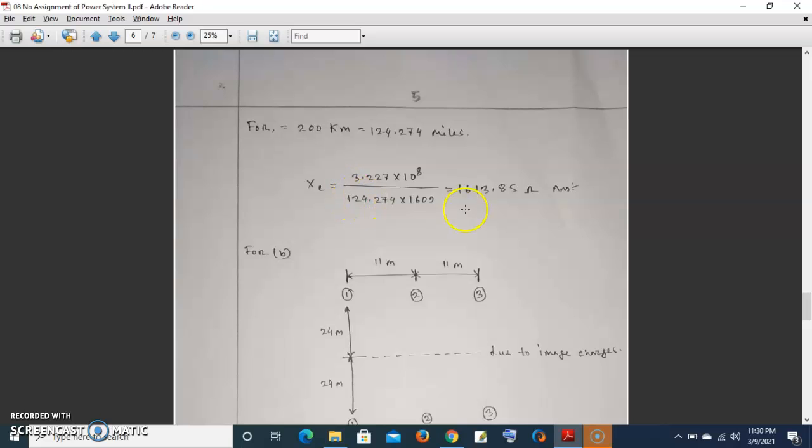After dividing, we get the capacitive reactance equal to 1613.85 ohm. This is the answer.